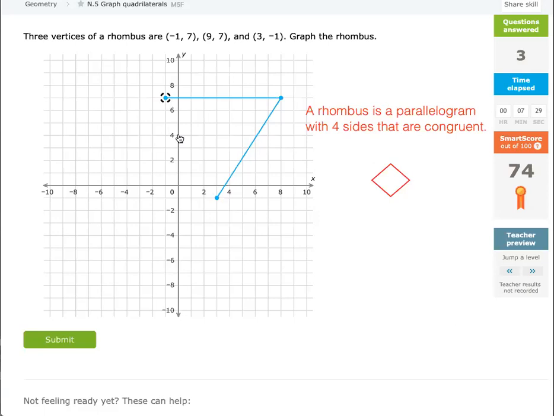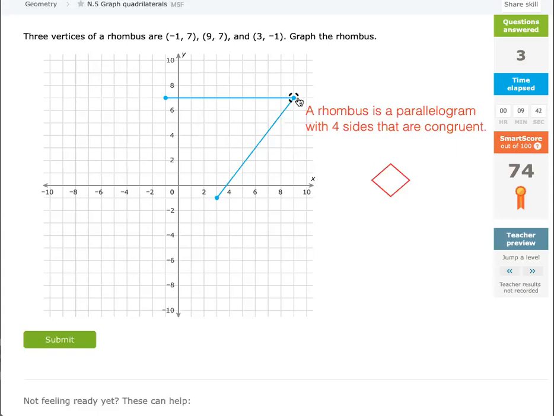So now we need to find the other side right here. All right, so how do we do that? Well, we can find the top line right here, the distance between this point and this point right there. Okay, so starting on the left, I'm at -1 and 7.